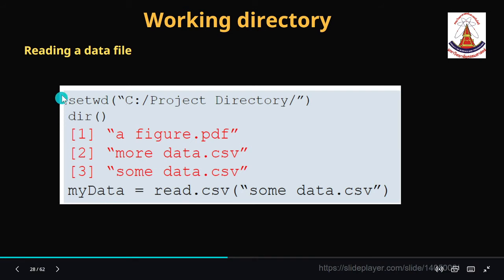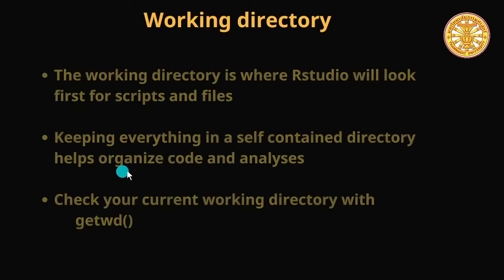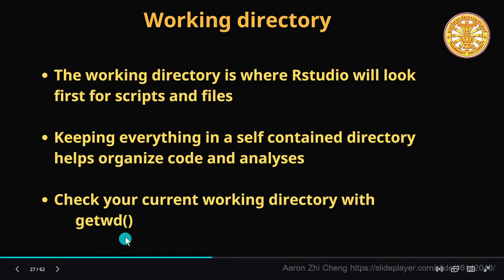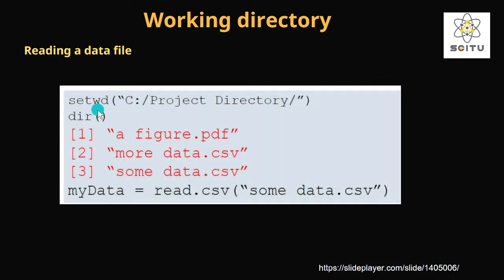Also, if you would like to save your data to a directory, you can use the command set working directory. Use get working directory to check, and if you would like to change it, use set working directory. It's different from the Windows command: this slash is different in direction.